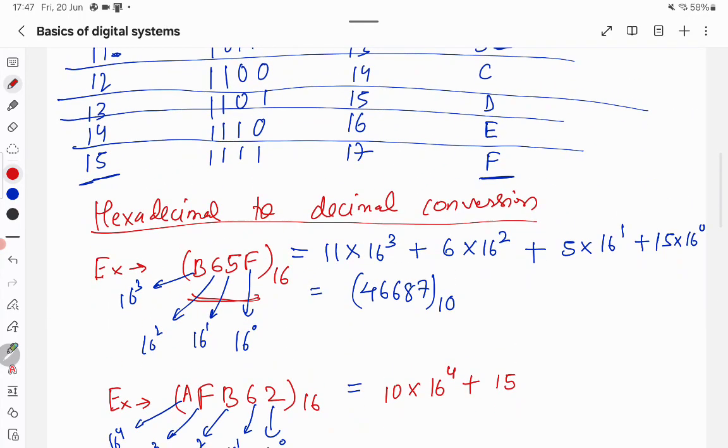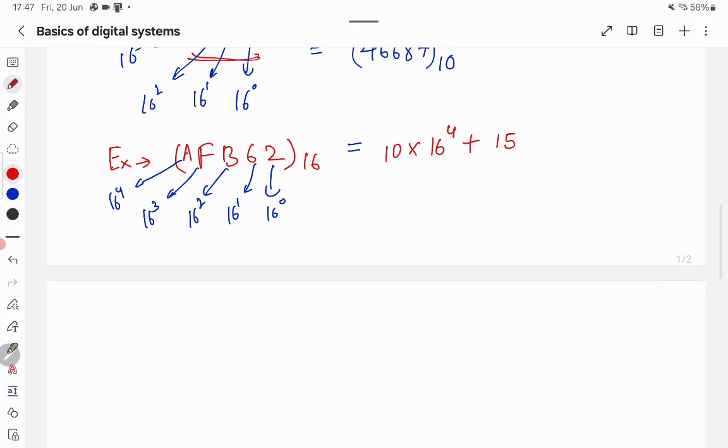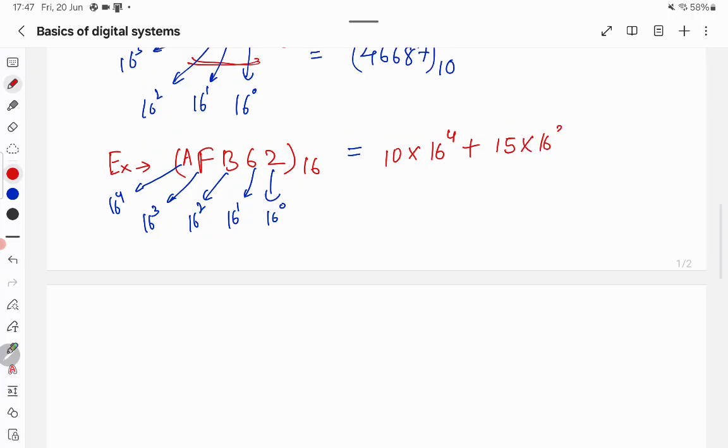If you look at the table, F is 15. So 15 into 16 to the power 3, plus B can be written as 11 into 16 to the power 2, plus 6 into 16 to the power 1, plus 2 into 16 to the power 0.